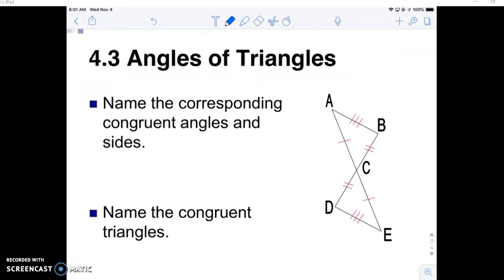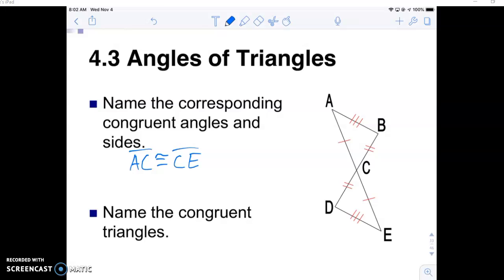Next, it says name the corresponding congruent angles and sides. We have two triangles here, and we are given that this side and this side are the same. So I'm just going to write down all the different parts that I know are the same. I know AC is congruent to CE.